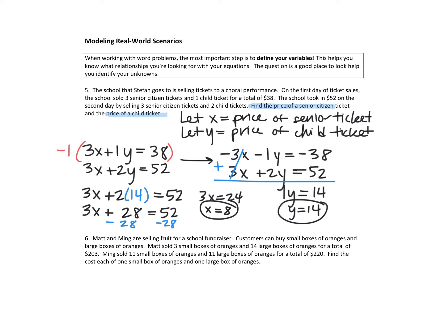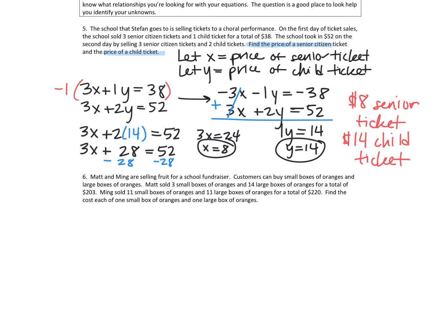Otherwise, I see a lot of students mix up which one is which. So it's $8 for a senior ticket. You're going to write a little thing in words. I don't need super complete sentences, but I need a little phrase at least. And then 14, is that right? Yeah. For a child ticket. That's a lot more expensive. I would protest that. I'm sorry.